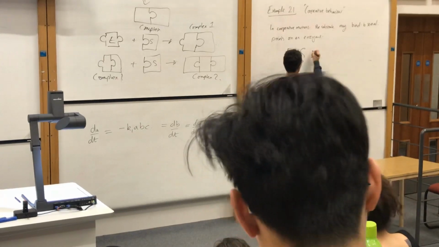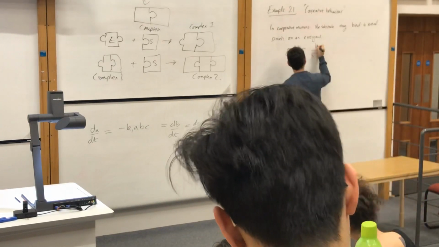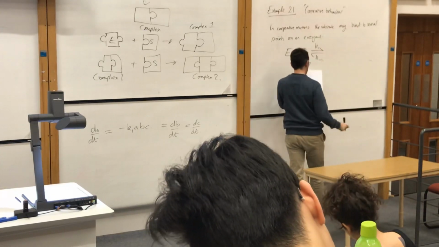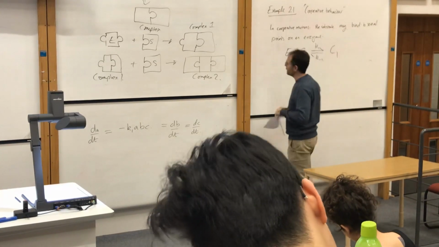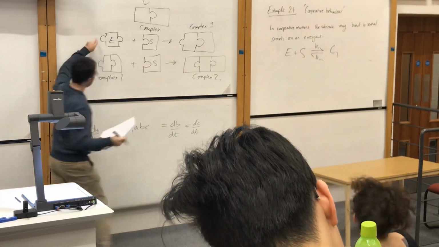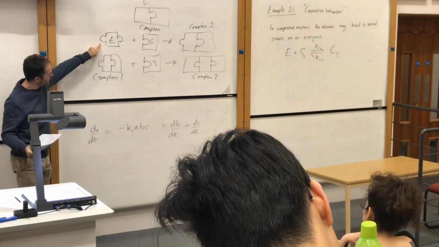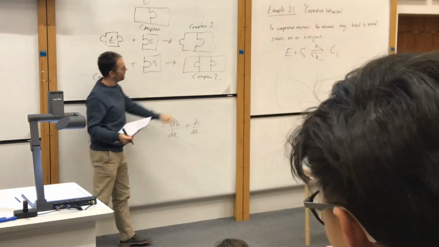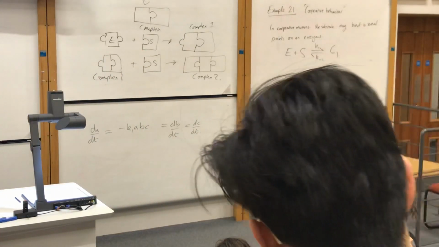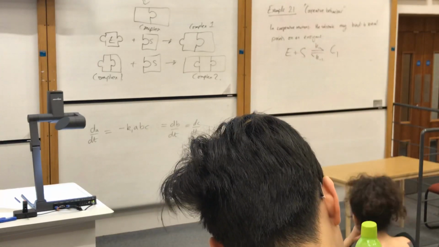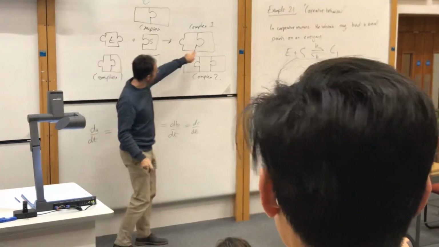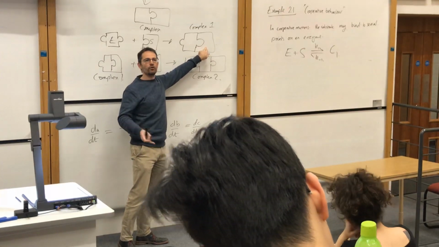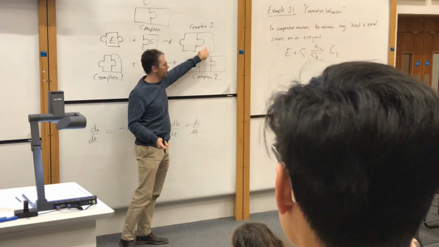It is that E plus S forms complex C1, with rates K1 and K minus 1. That's my step one here. Enzyme plus substrate forms this first complex, and potentially from that complex 1, the enzyme could simply release that substrate, converting it into product in the process.